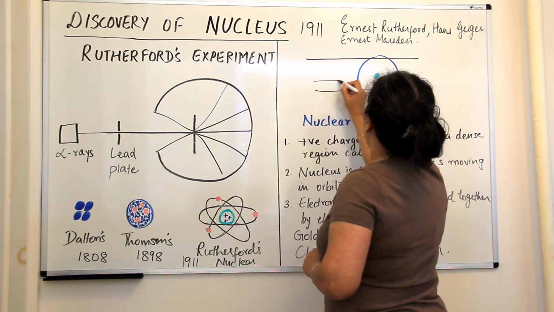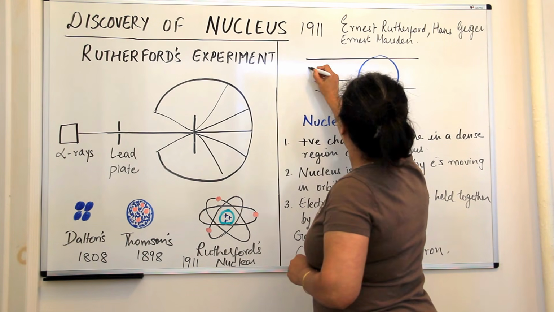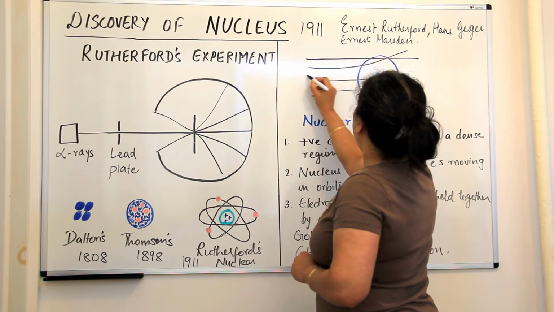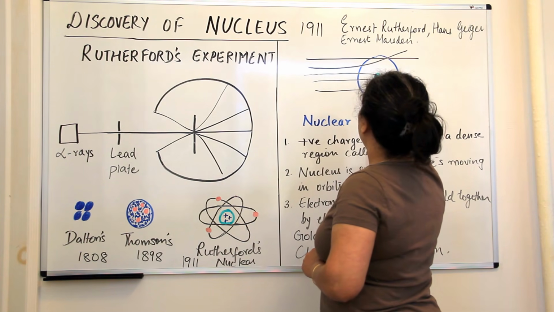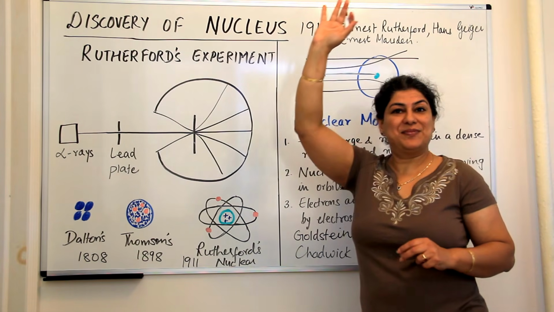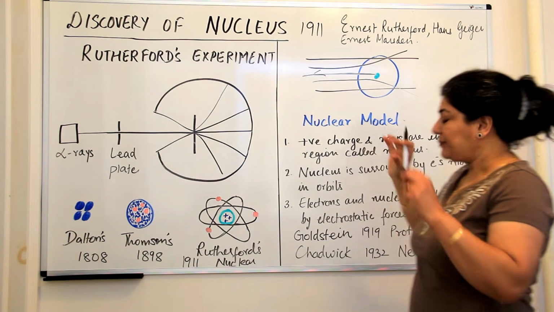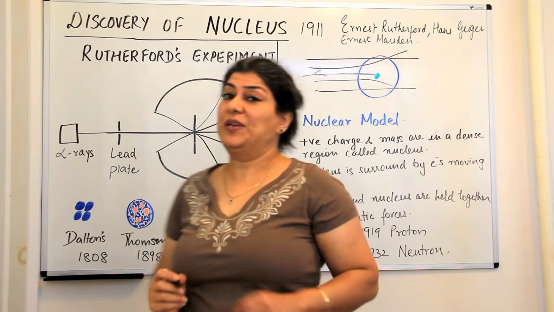So he said if alpha particles are moving straight, it's because most of the atom is empty. The closer an alpha particle comes to the nucleus, the further it moves away, that is, it deviates. And the one which hits the nucleus gets a complete rebound and returns. From this, he gave his model of the atom, which was known as the nuclear model.